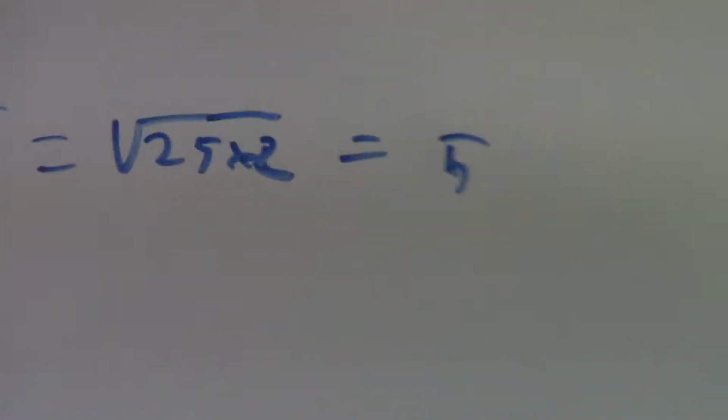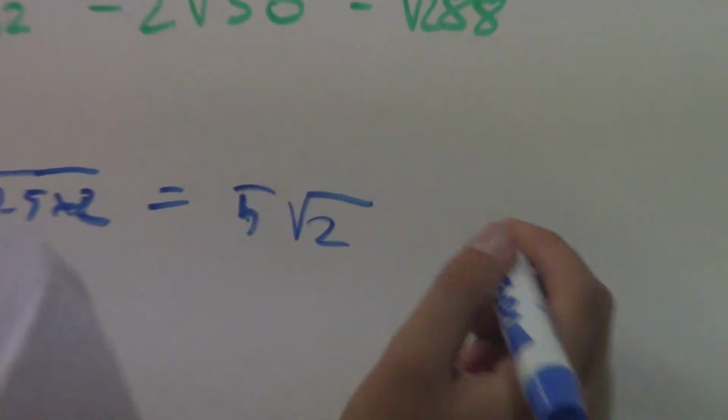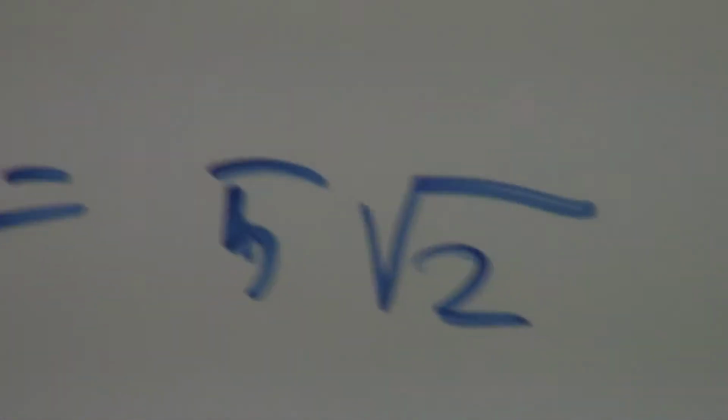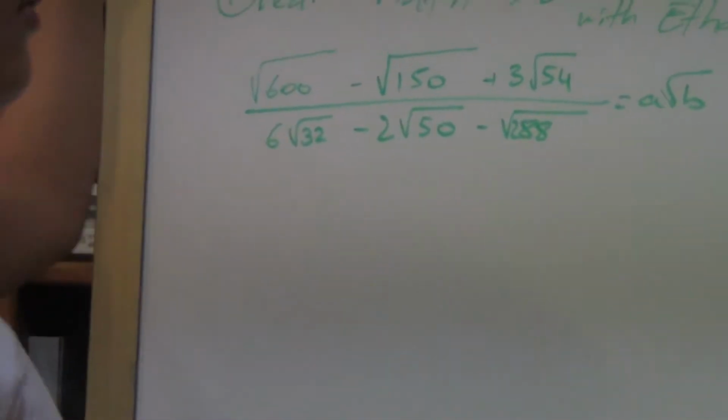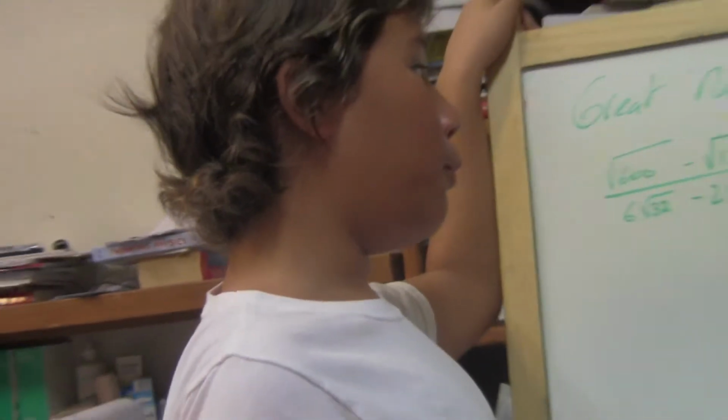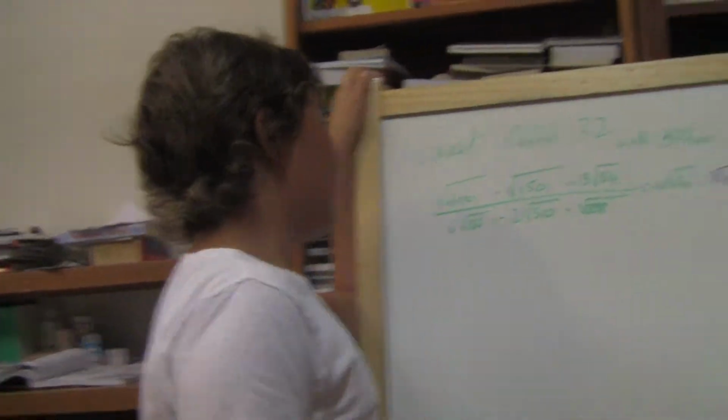Which is basically why I did not want 25 in the first place. Is it only 5? Yes, because 2 is not a square. Oh, I see.